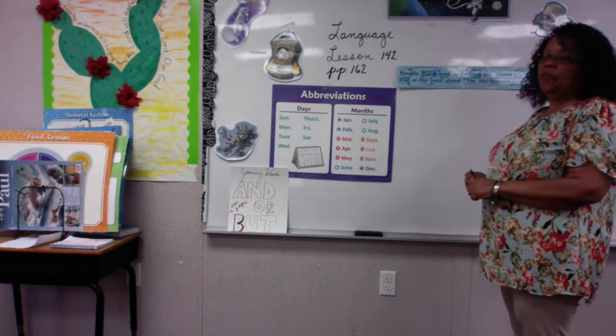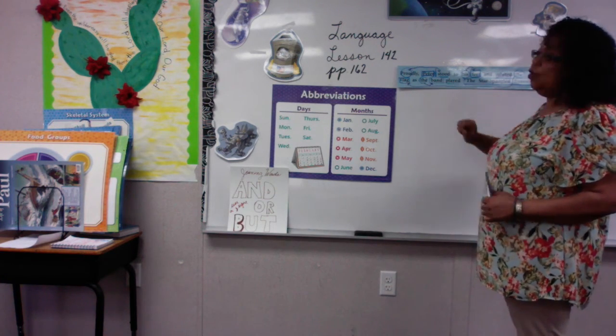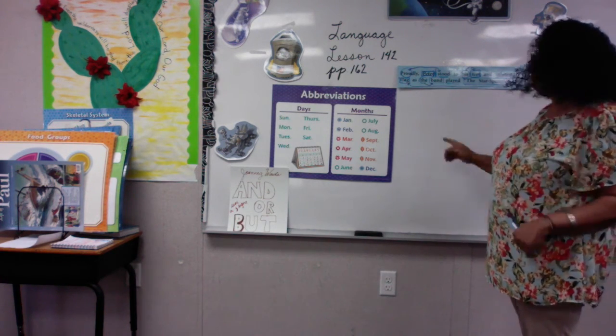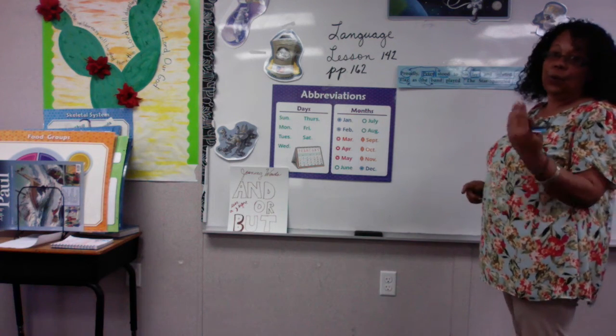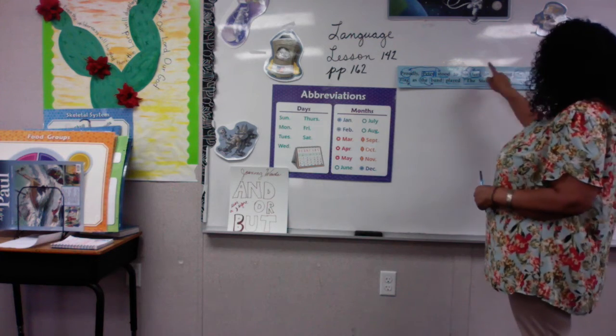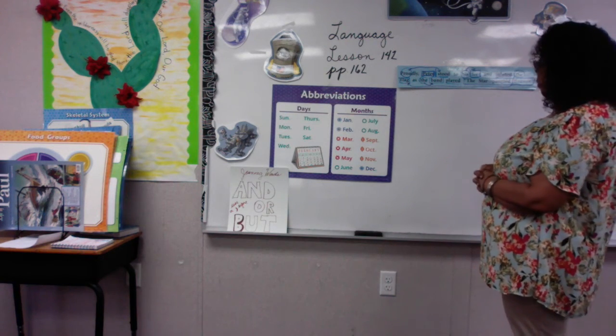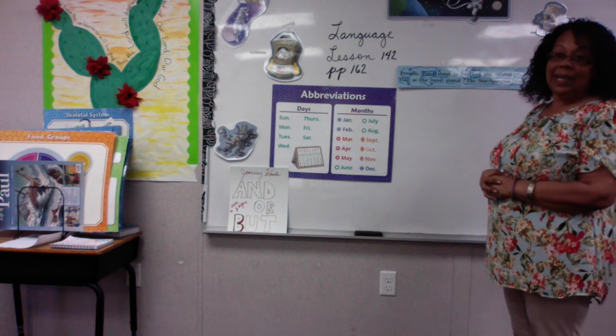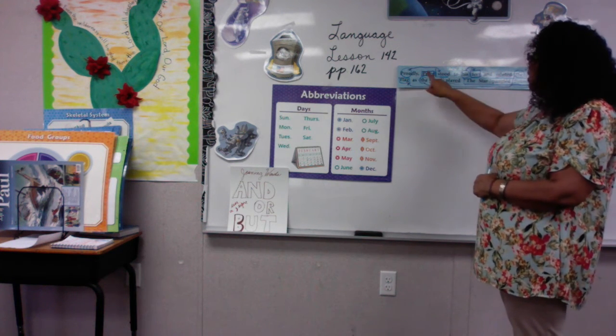Then you separate your sentence into your subject and your predicate. Peter is my subject, which is also a noun. Stood is my verb. Saluted is also a verb. Now I'm going to identify the adjectives by circling them.